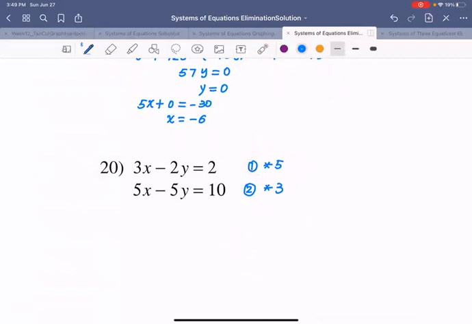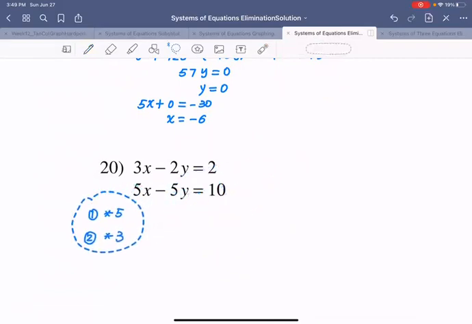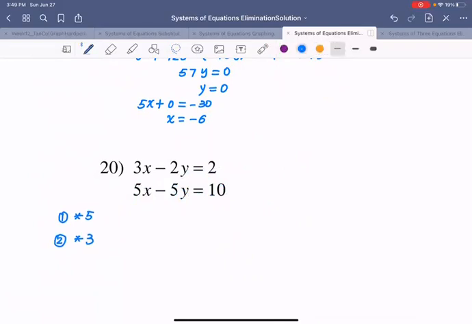How much? 15x minus 10y equals 10. Good. Continue. The second one, 10x minus 10y equals 20. Hold on. You times by 3, not times by 2. 15x minus 15y equals 30. Thank you.